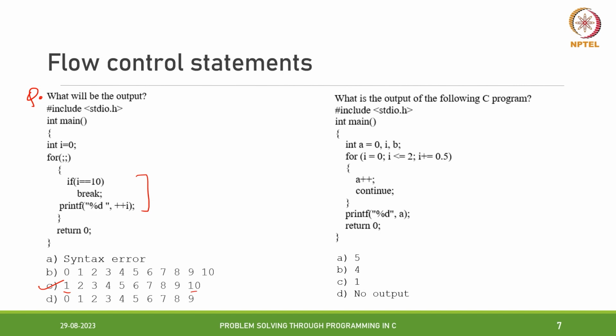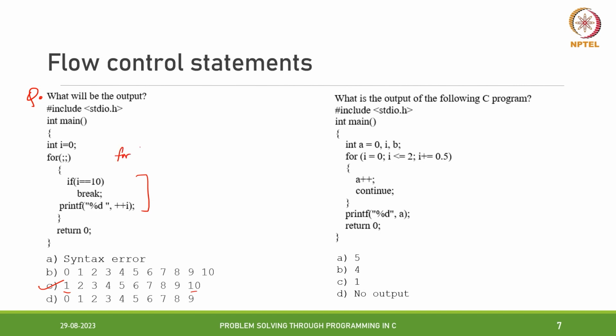So this is basically the three parts of a for loop, which are the initialization, the condition, and the increment or decrement part. That I know, sir. My doubt is, what is the purpose of the double semicolons inside the brackets in this program? Oh, the double semicolon. You have to write the semicolons, right?